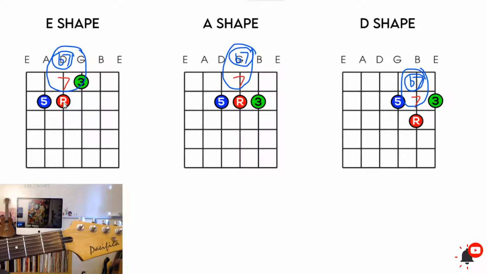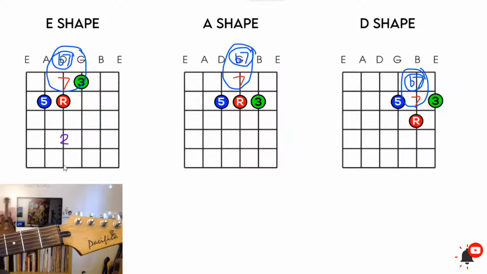Now the thing is, if this is the root note, and hopefully you can see my mouse pointer moving around that root note on the E shape there, guys, you can see that the second is here. Now that is a major second. And actually, if you've watched the lesson on compound intervals, then you'll know that that second is also called the ninth. Yeah, so you can see that that second there, it lives there.